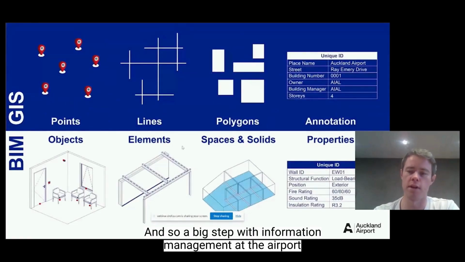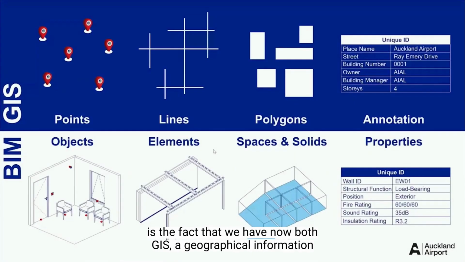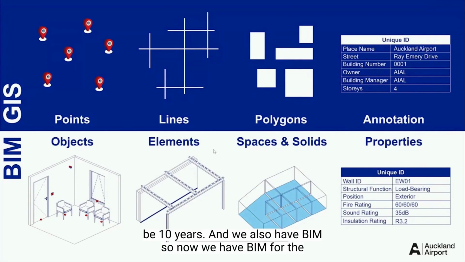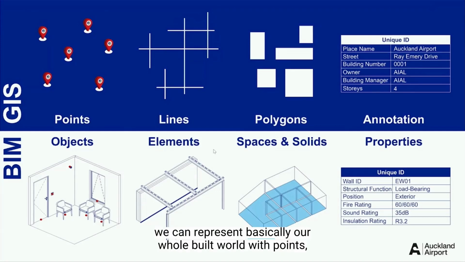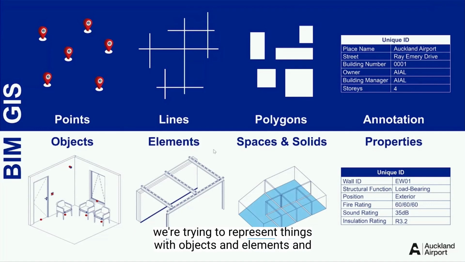A big step with information management at the airport is the fact that we now have both GIS, the Geographical Information System, which has been around, as I said, for 8 or maybe even 10 years, and we also have BIM, which we've had for the last 5 years. So we have these tools where we can represent basically our whole built world with points, lines, polygons, and annotation in GIS, and in the BIM world, with objects, elements, spaces, solids, and properties.